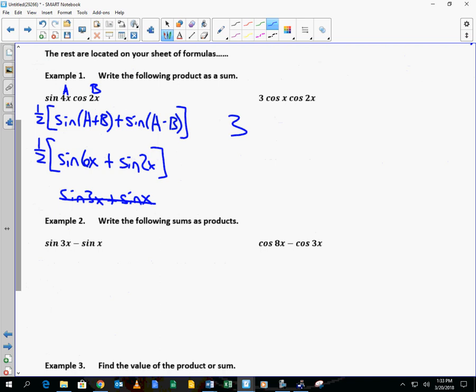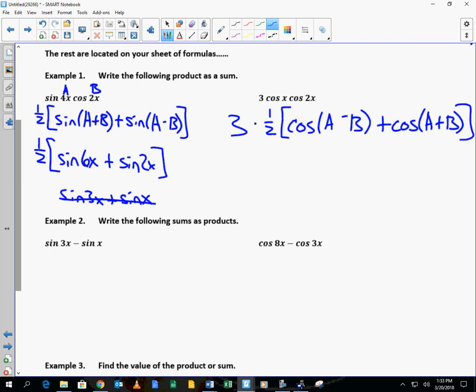Here I have 3 times the entire piece. Can somebody tell me how to take cosine times cosine and convert it to a sum? I'm guessing it's a 1/2 times what? Plus or minus? But there's a plus between these two?